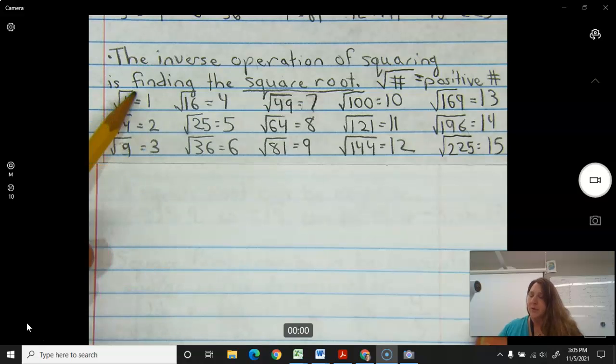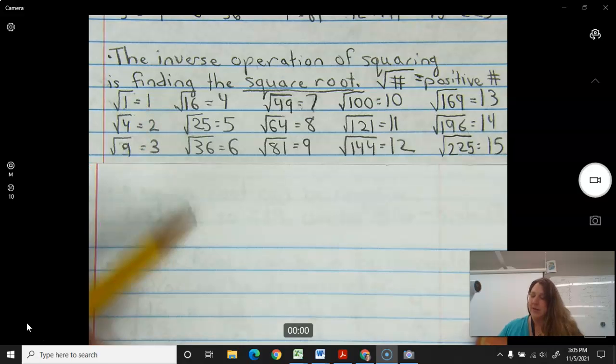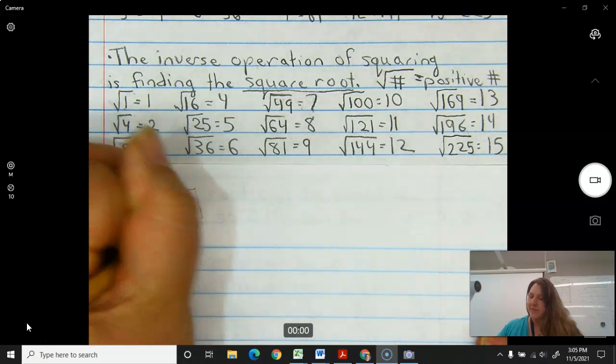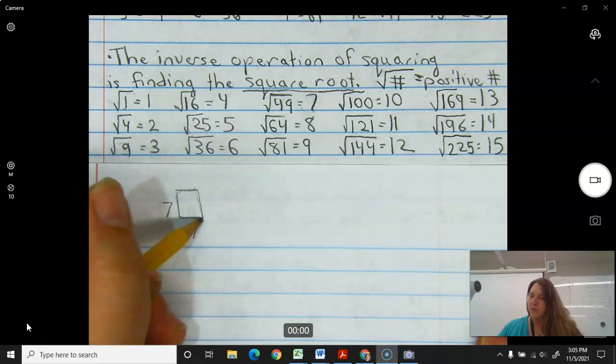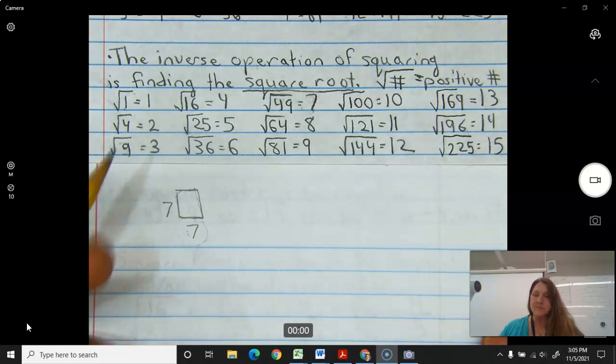When we square root them, we come back to the number that originally was squared, or the length of one side of the square. So if we had a 7 by 7 square, the square root asks what was the number that was being squared.